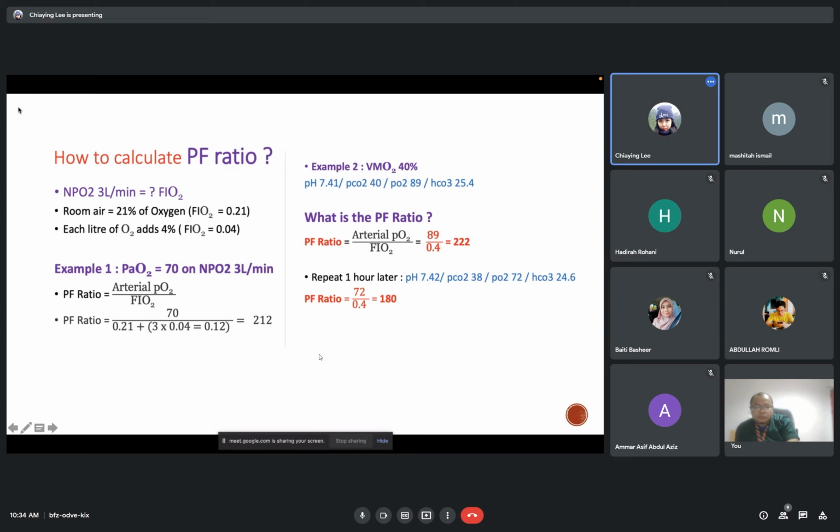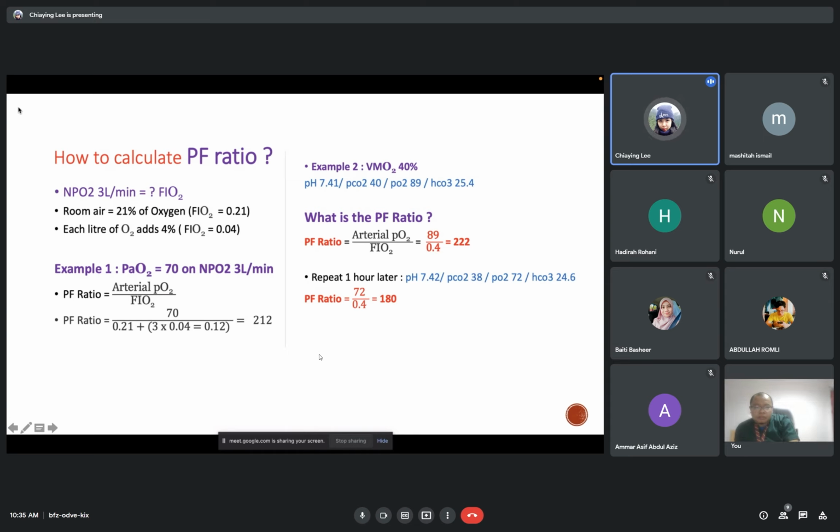Plus, if you give an additional liter of oxygen, that's 0.04 FiO2. So if a patient has an arterial PO2 of 70, you divide by 0.21 plus 3 liters of 0.04 FiO2. So this is the result, roughly how we calculate.